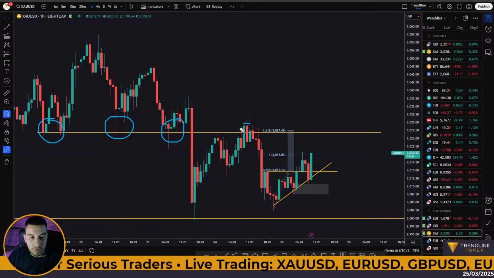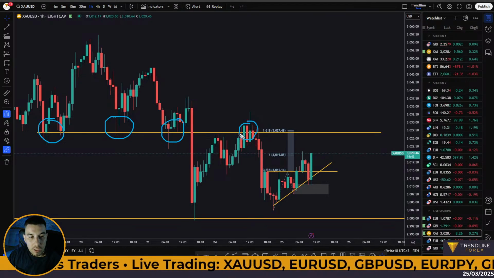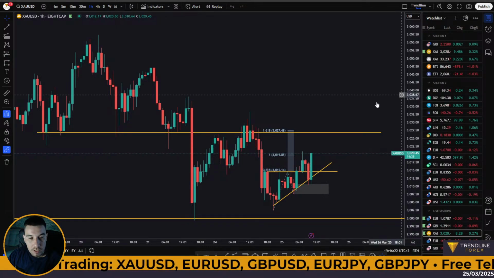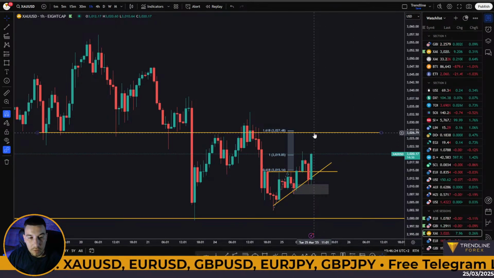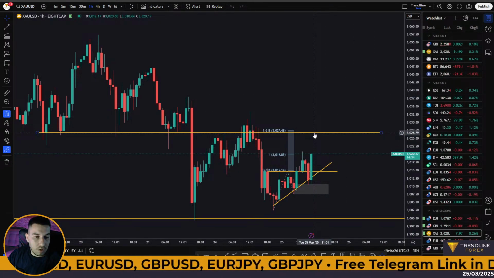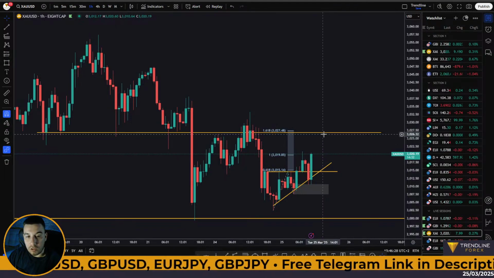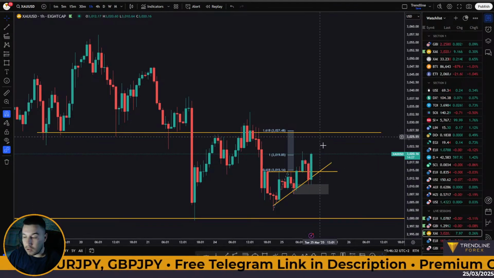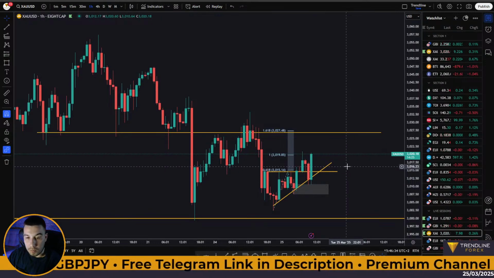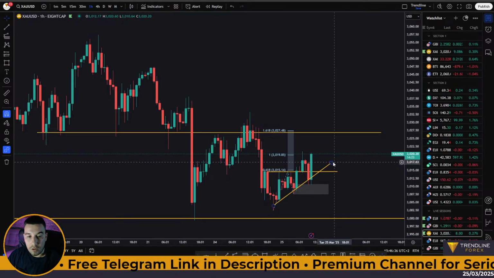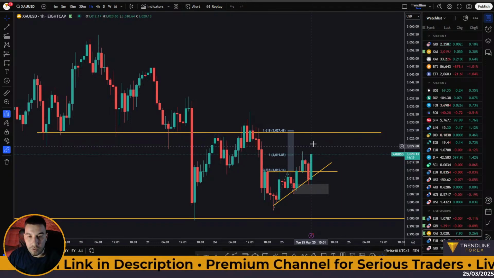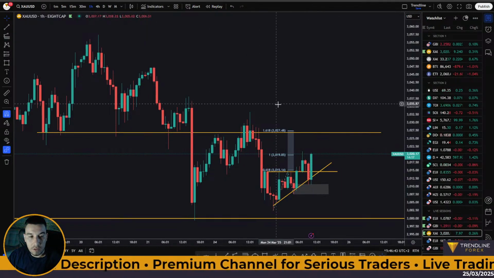Not just a single level, but we've tested this area so many times and every time something happens. So that makes me think once we get up here, then in this case you can close your trades and wait for a pullback and look for more entries afterwards. But this is definitely a strong level, right around 3027, I would say.